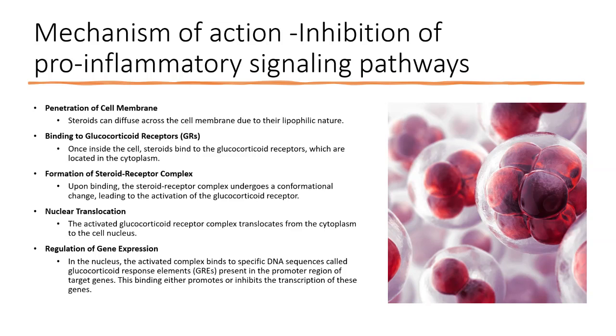Through this regulation of gene expression, steroids exert their anti-inflammatory effects. They can increase the production of anti-inflammatory proteins while simultaneously reducing the expression of pro-inflammatory genes. This dual action helps to suppress inflammation and modulate the immune response, making steroids highly effective in treating inflammatory conditions, including those affecting the eyes.